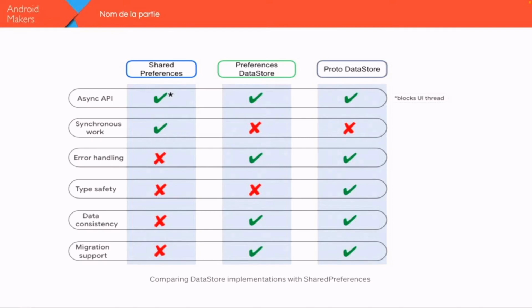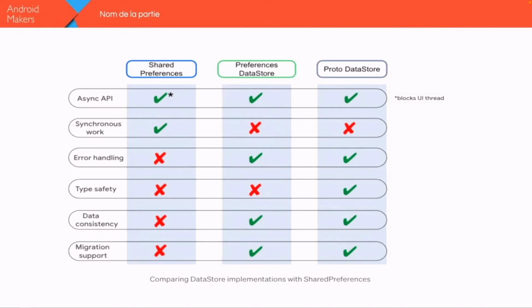Now, when it comes to data consistency, because shared preferences lack atomicity, there is no guarantee of the recent data being reflected immediately across the app. But with DataStore, the API is fully transactional, follows strong ACID guarantees, and only transactional atomic operations are possible.